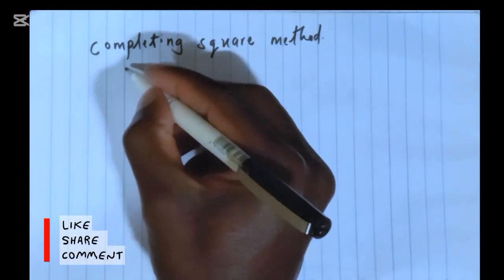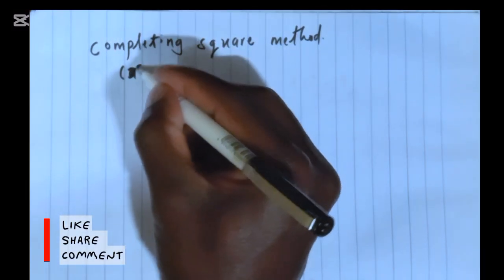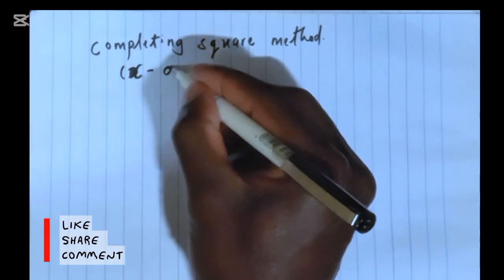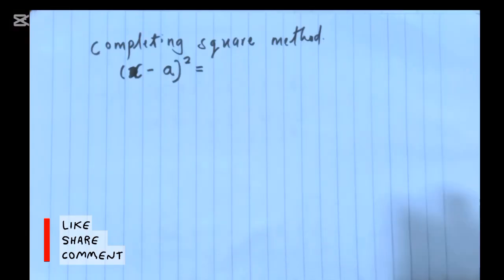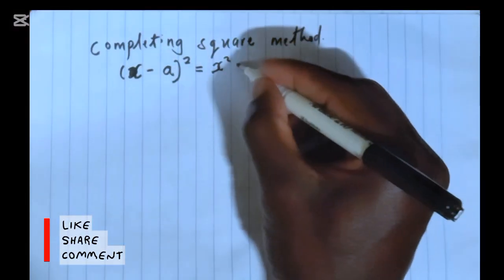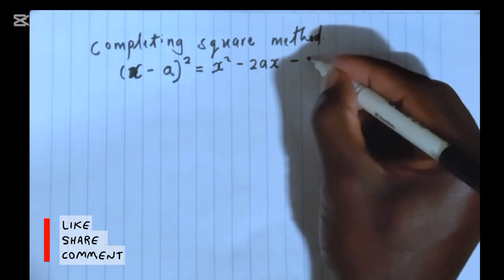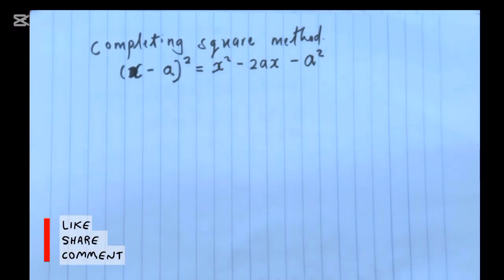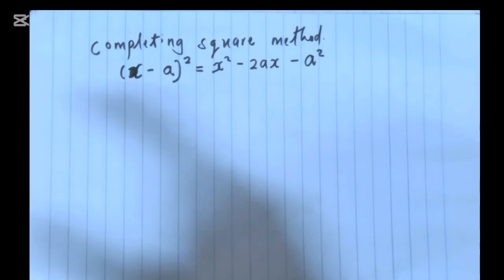Okay, so we gave an example and we said, for example, if you're having, let's say, (x minus a) squared, then you realize that its square will look something like x squared, all right, minus 2ax, all right, plus a squared. So that was the general formula for a situation where you have x minus a and you're trying to square it.